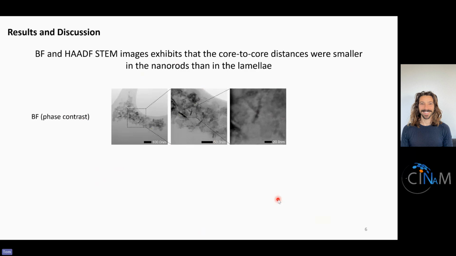Afterwards, to be sure that this nanorod and lamella are composed of an iron oxide core inside, we perform bright field and high angle annular dark field STEM images to study the composition of the particle and also the core-to-core distance inside the particle.